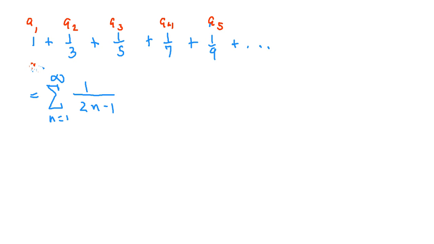Now, again, let's think a little bit. For large n, 1 divided by 2n minus 1 is approximately equal to what?